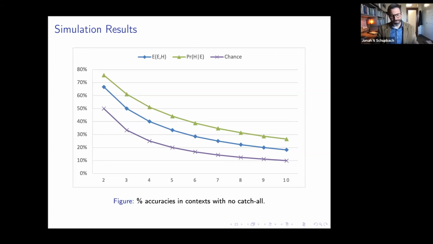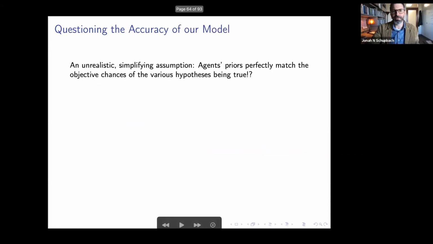Okay. However, unfortunately, this simulation is highly inaccurate. It's highly inaccurate because, for one thing, agents' priors are assumed here in the setup of our simulations to perfectly match the objective chances of the various hypotheses being true. Remember, how did we pick what the true hypothesis was in our simulation? We just used the prior distribution, which are supposed to be the subjective priors of reasoning agents, and let those stochastically determine what the truth would be.